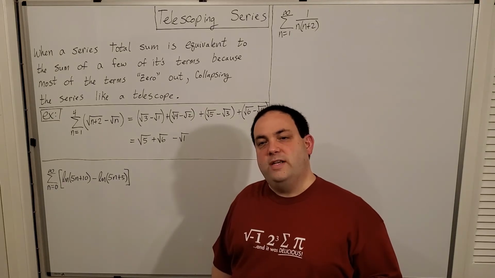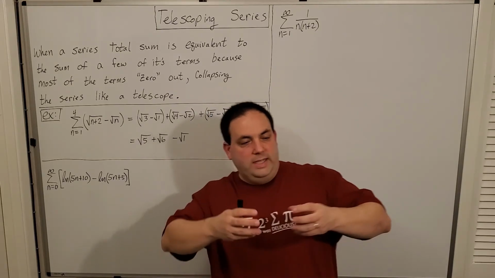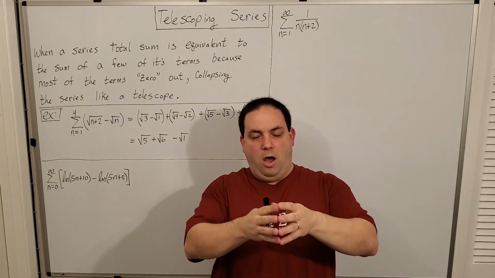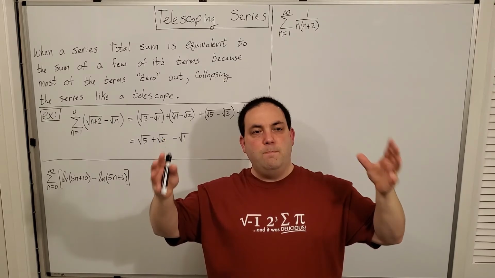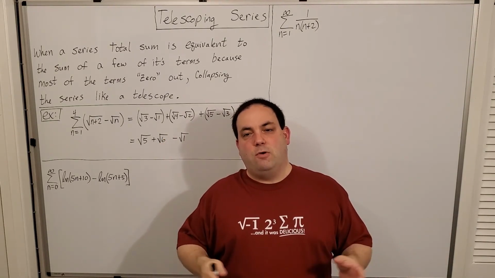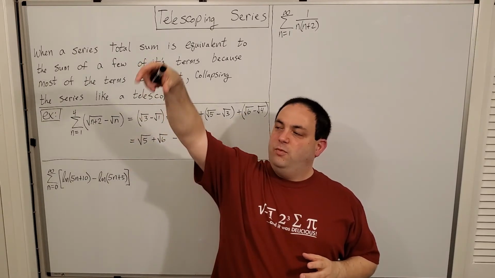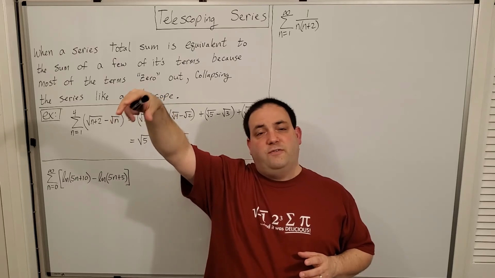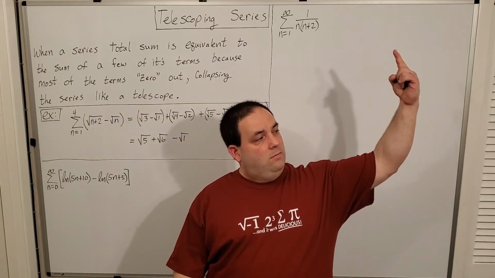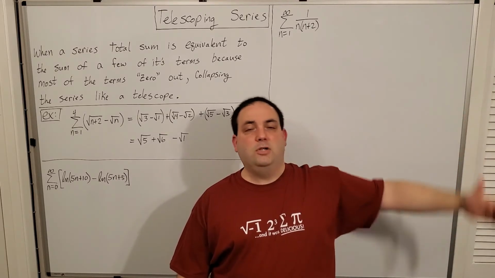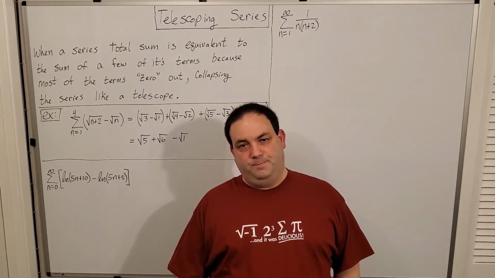This is a series of numbers that when you list out a partial sum, a lot of the middle meat of that partial sum adds out to zero. It zeroes out, and you're left with one, two, or three, just a few terms at the front, and then a term or two at the end, depending on how much of this thing wipes out.